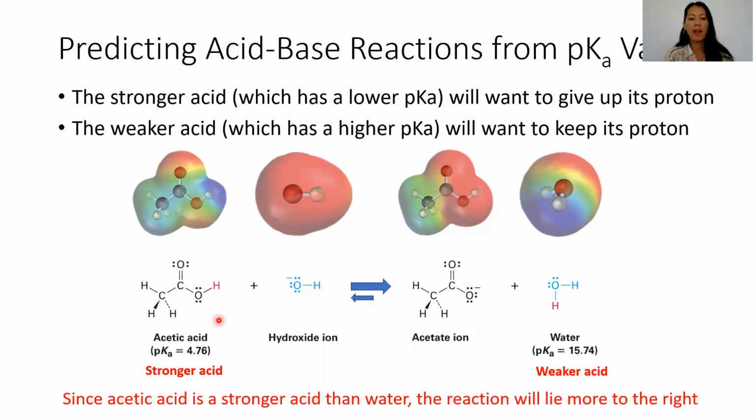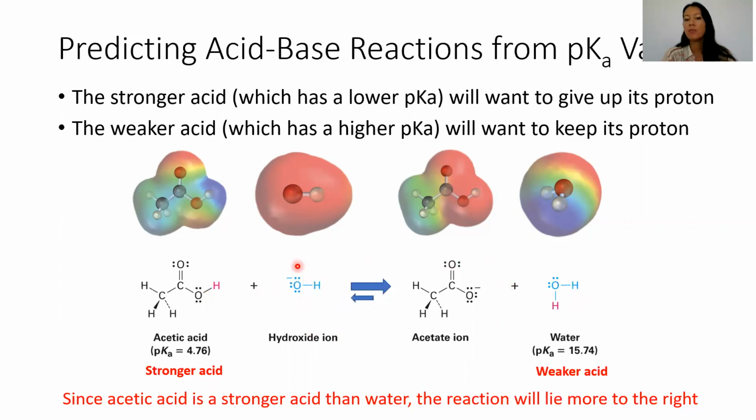So here on the left, I have acetic acid that's in its acid form. That's a weak acid by normal standards compared to HCl, but we're not comparing it to HCl. So let's just focus on the pKa. pKa is 4.76. If you want to compare that and see if hydroxide is going to grab that H, you need to look at hydroxide in its acid form.